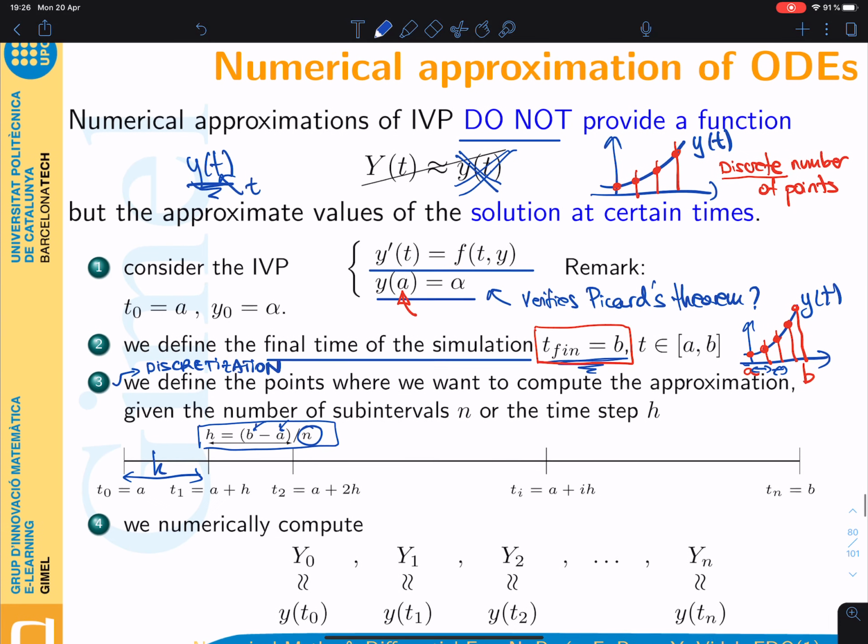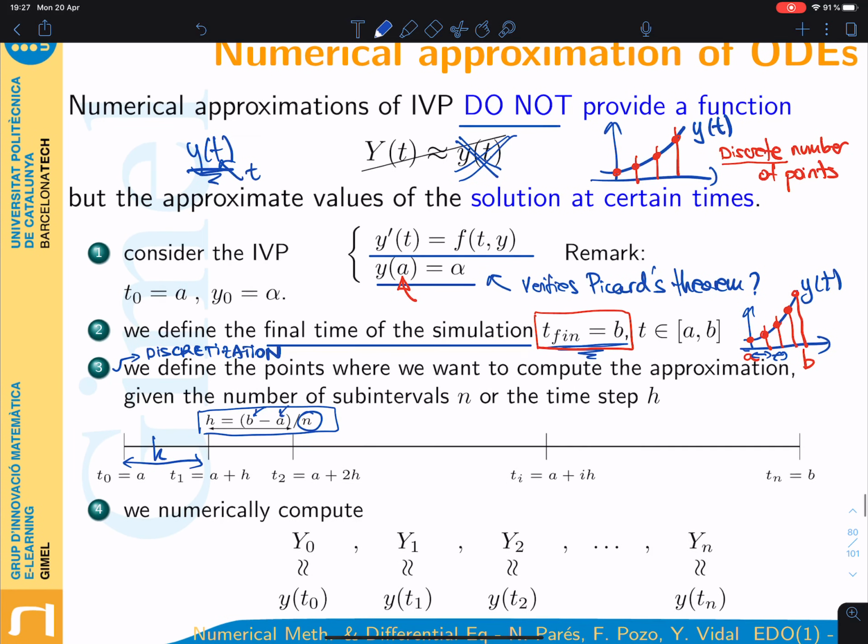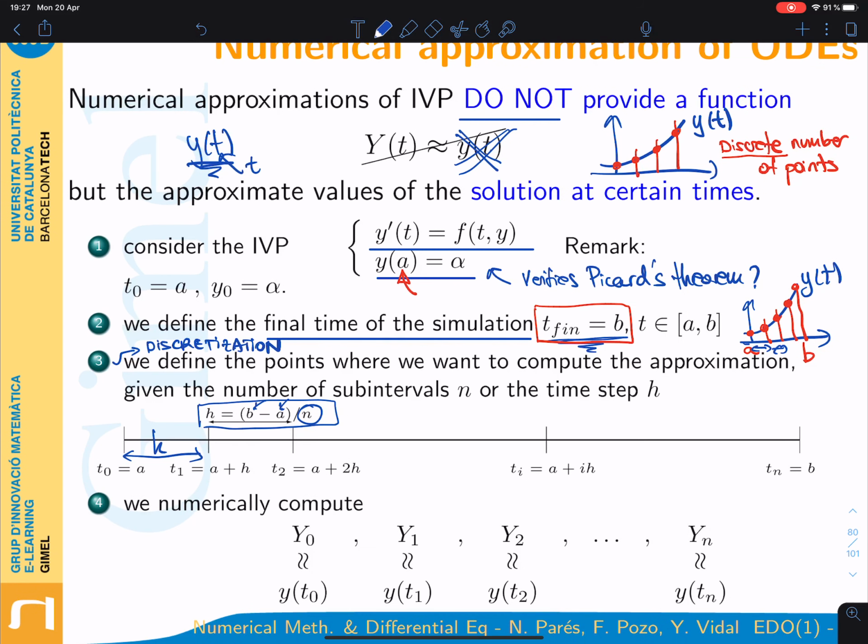Then we will see how, but we will numerically compute the approximated value of the solution at t0, and that approximation will be called capital Y0. And we will approximate the exact solution at time t1, and we will call that capital Y1.